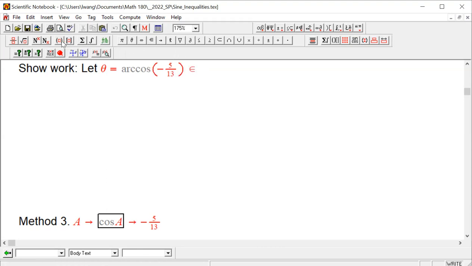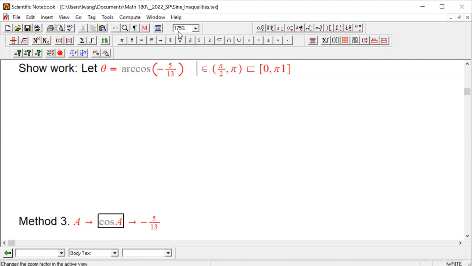For your understanding, I want you to understand this is between pi/2 and pi. Think about the range of arc cosine. Even though you don't need to show this piece, it's very important for you to understand it.